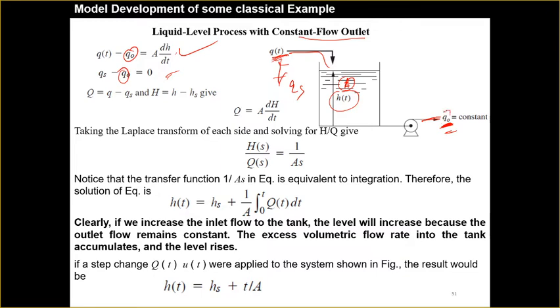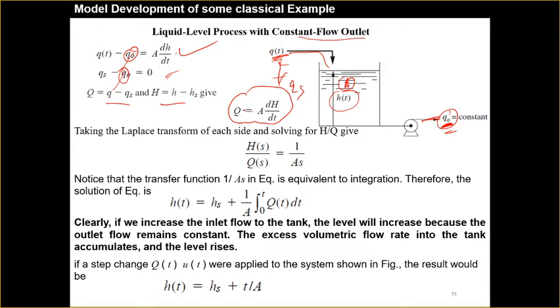However, q naught remains constant. We have taken the deviation variable q minus qs, q naught cancels. So it will give simply q is equal to A dh by dt. Am I right? Yes, sir.